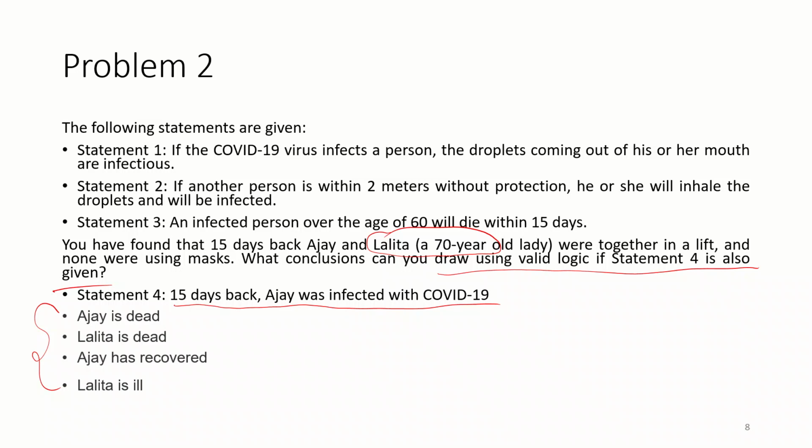B is the answer because of the one more statement which is given, statement 3, and the fact that Ajay and Lalita, a 70-year-old lady, were together in the lift and none of them were wearing masks. So when we look at this statement, it is mentioned that she is a 70-year-old lady.